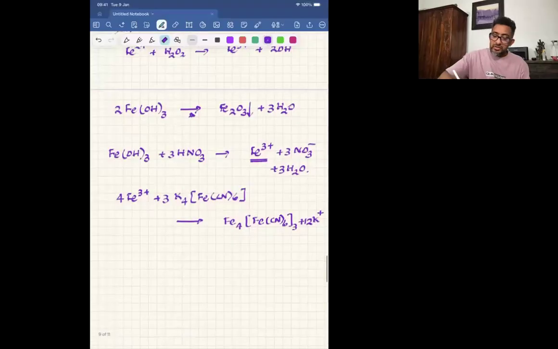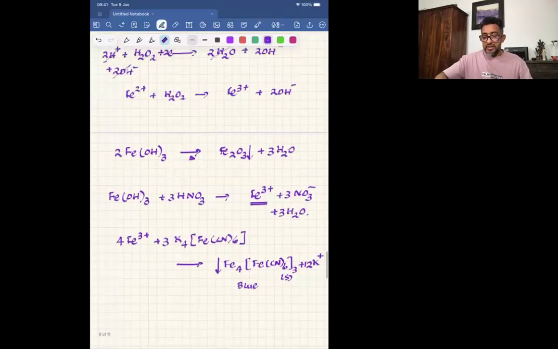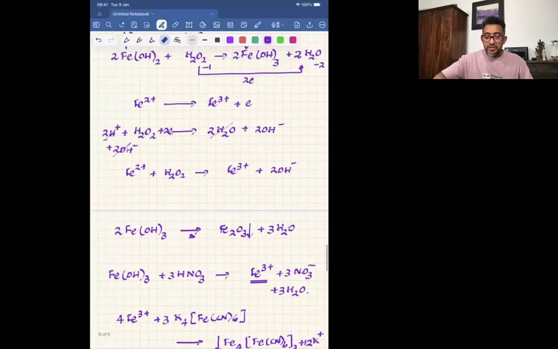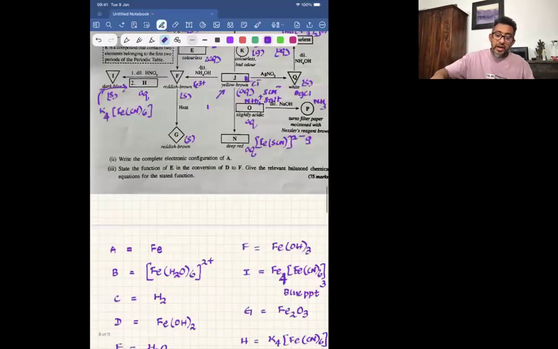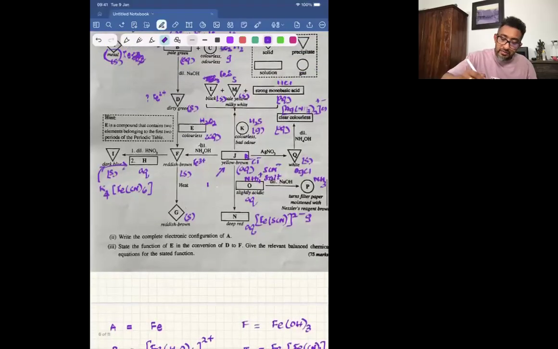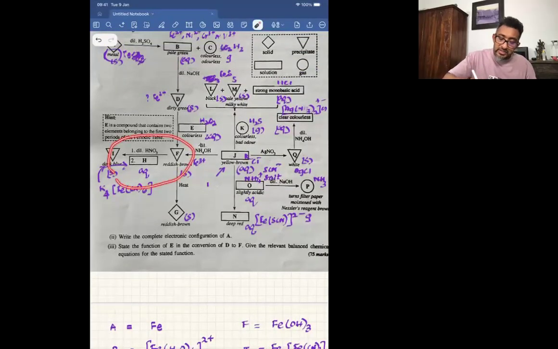So this is the precipitate that you get, which is blue in color. So it says blue precipitate. That is that. Okay, so we are here, in this area. I think we discussed this also, the reddish brown precipitate.